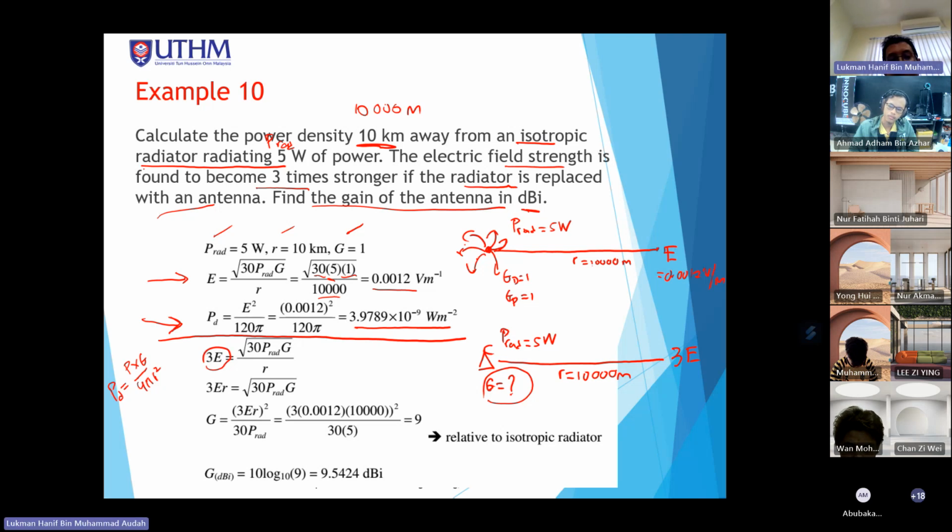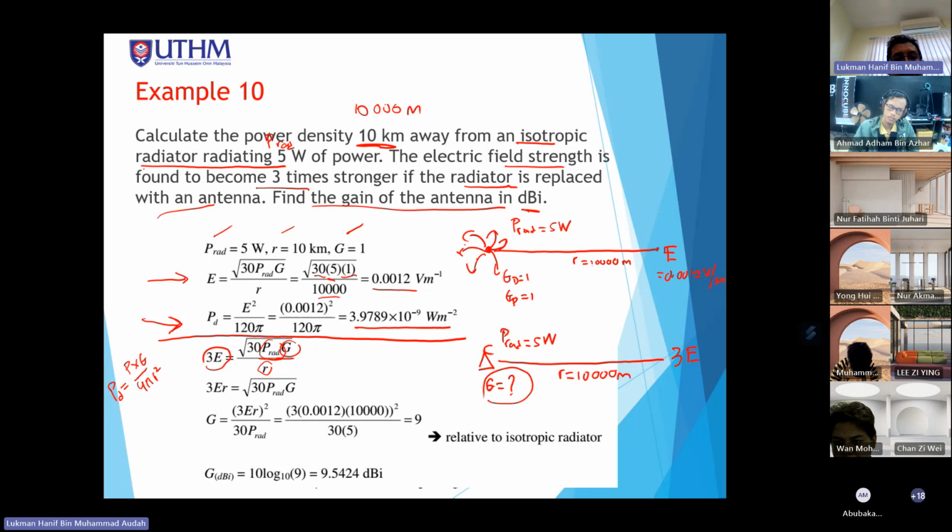This is equal to the square root of 30 times the new P radiation multiplied with the gain of the new antenna, divided by the distance. We must make sure that the P radiation and the distance are the same because we want to compare side by side. The issue now is we want to find the G parameter.